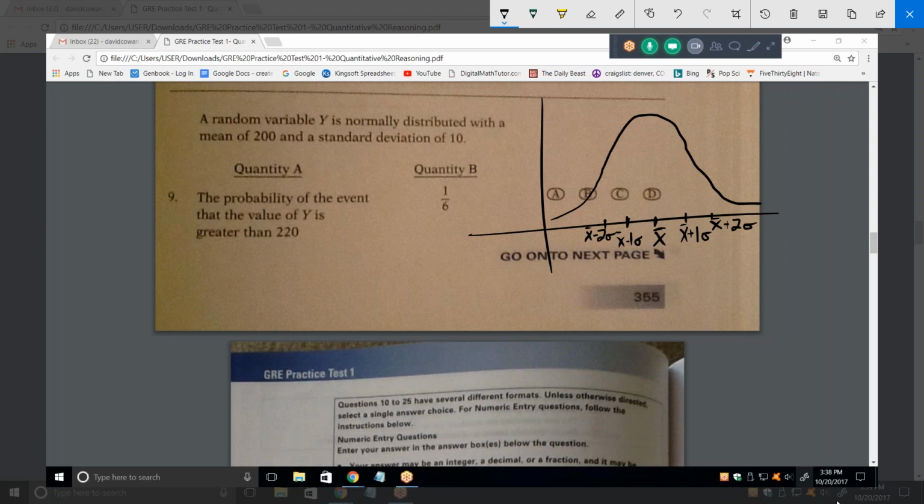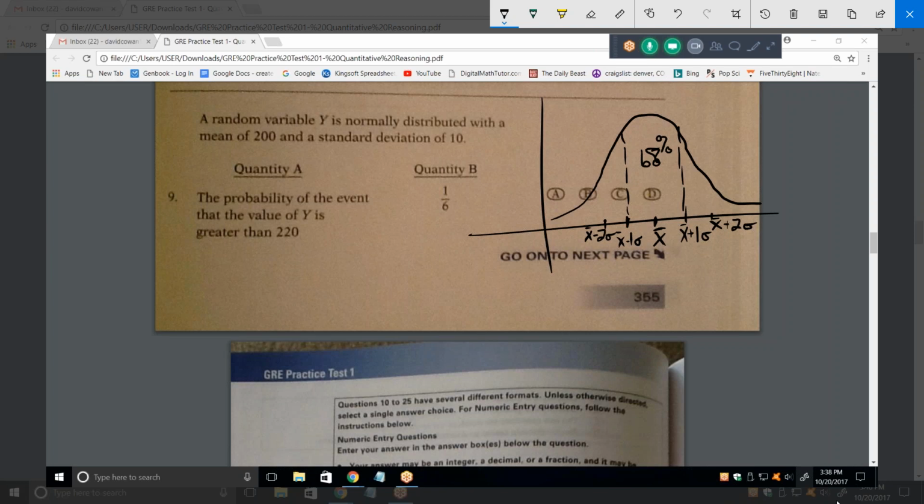When something is normally distributed, we know that 68% of the curve lies within 1 standard deviation. And by that, I mean the area under the curve. So that's 68% of that total area.